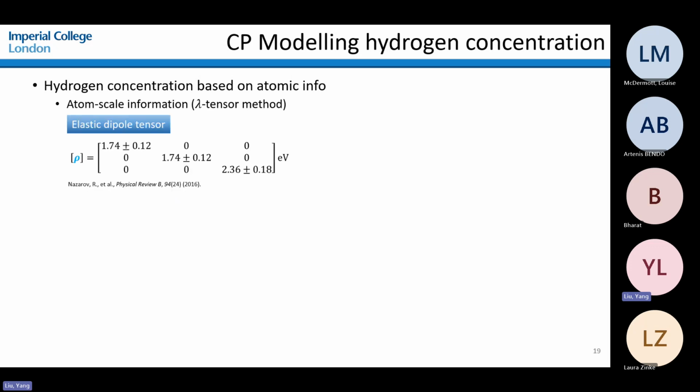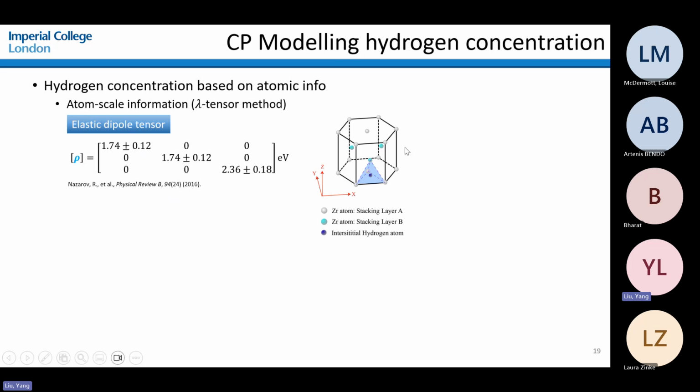And this is sort of like what we take from the first principle method, the atomic scale information, which we want to incorporate into the modeling, where you can use a term called the elastic dipole tensor, which you can sort of see as a stress pinning the hydrogen atoms within its preferential site, which is called a tetrahedral site in the material.